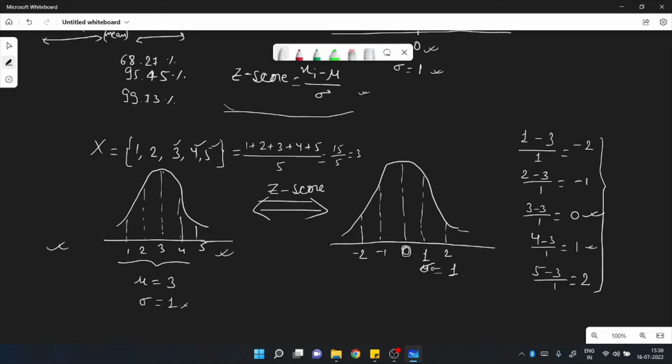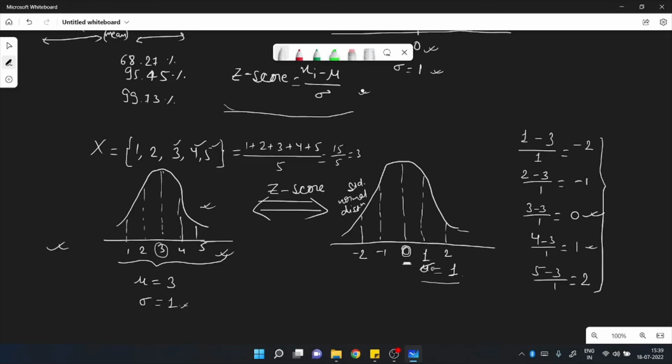Initially we had these data points where the mean, 3, was at the middle, whereas when we put this z-score formula on top of this data set, the distribution that we got is standard normal distribution. What is standard normal distribution? Where we got the mean as 0 and the standard deviation as 1, right? So this is how we convert any kind of distribution to the standard normal distribution form by putting in the z-score formula.